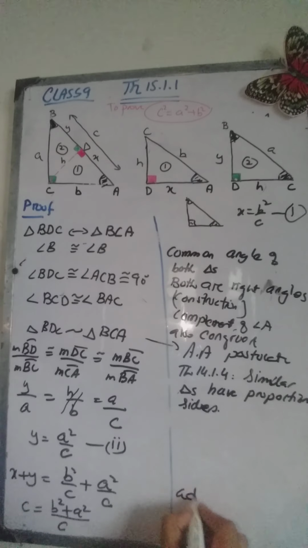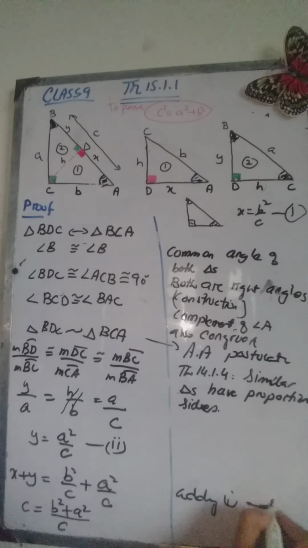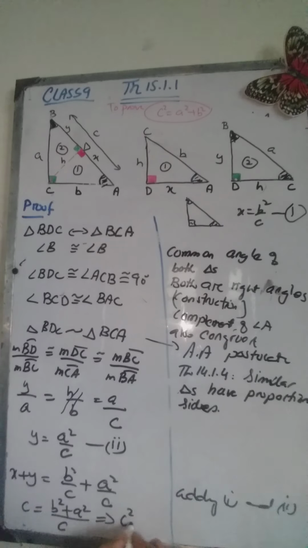This is adding 1 and 2. Now shifting c to the left hand side, c square is equal to a square plus b square, and this has proved the result. So this is how we have proved this result.